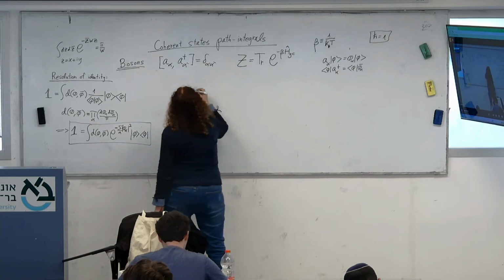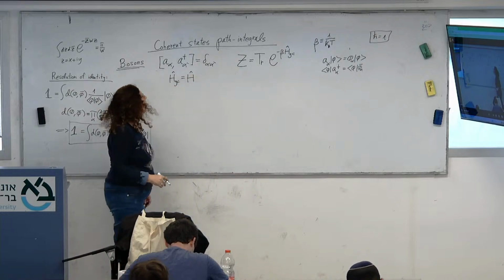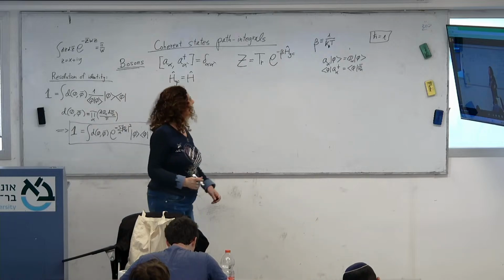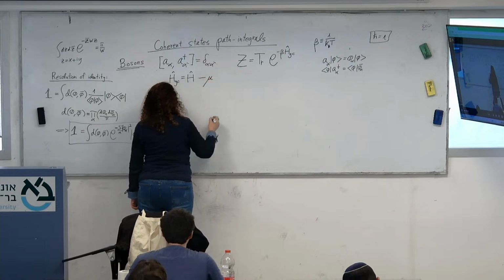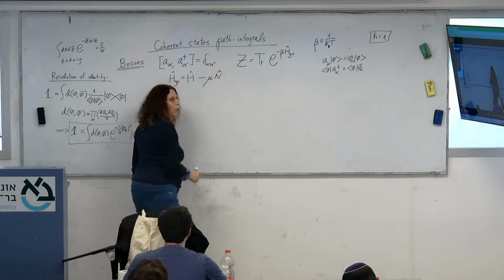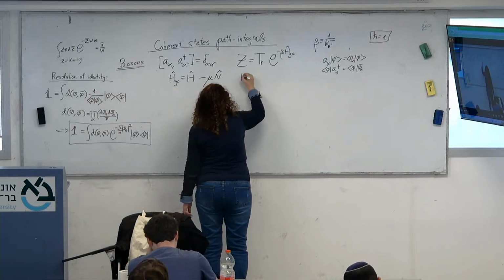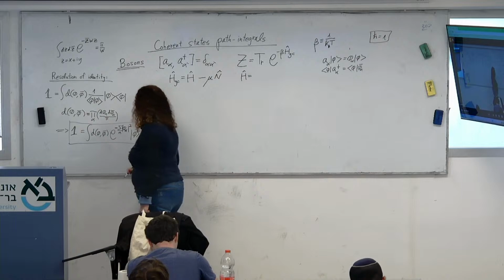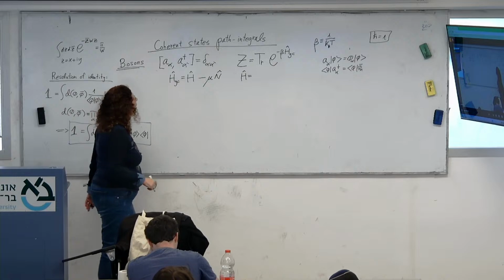So I just remind you what is the grand canonical Hamiltonian. It's the Hamiltonian, as the usual thing that we write as the sum of one-body, two-body, etc. terms, minus mu, the chemical potential, times the number operator. And here, the Hamiltonian is something that we would like to write in normal order with the a and a daggers.